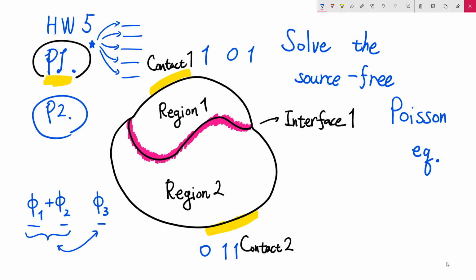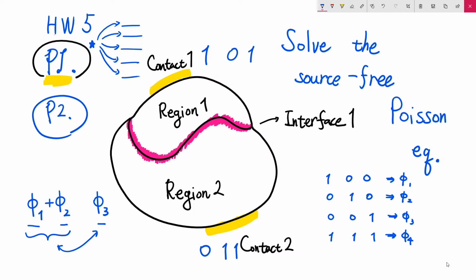That was my question. If you have a 3 terminal device, then the 1, 0, 0 case, call it phi 1; 0, 1, 0, call it phi 2; 0, 0, 1, call it phi 3; and finally 1, 1, 1 will be called phi 4.